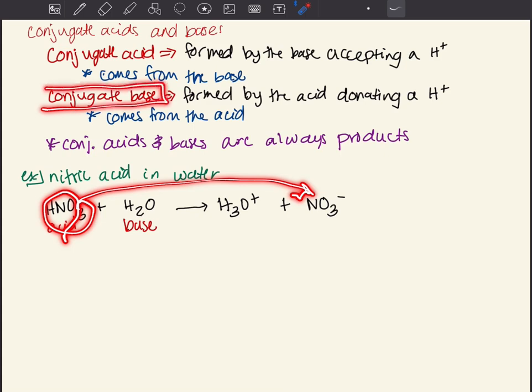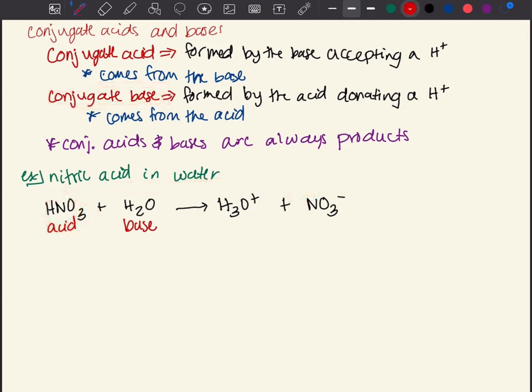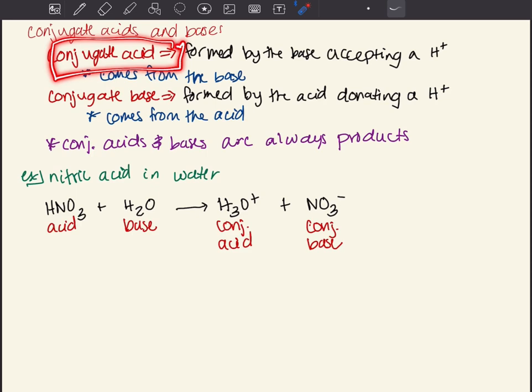And so that is the definition of our conjugate base. So nitrate is going to be the conjugate base. And since that is the conjugate base, hydronium ion has to be the conjugate acid. And if we look at that, our conjugate acid is formed by the base accepting a proton. Water is my base. It accepted a proton to form our conjugate acid.